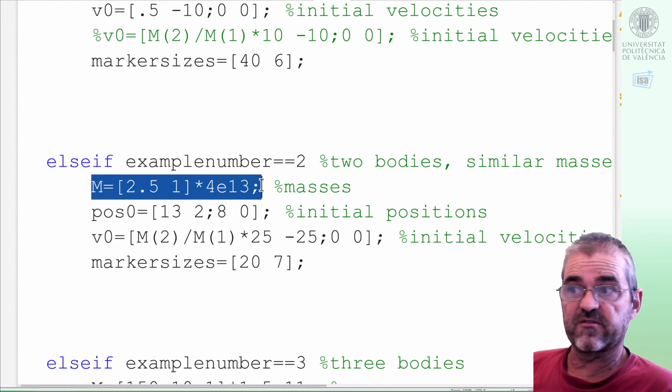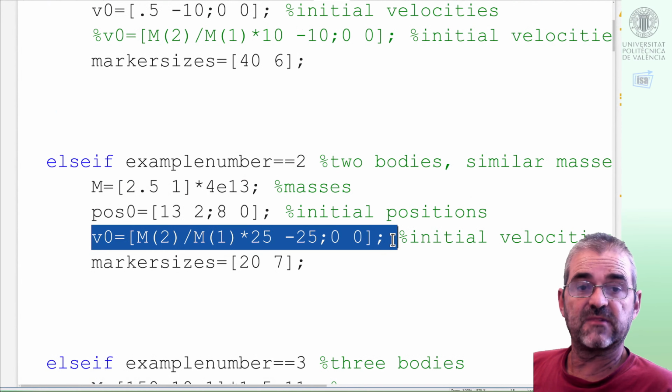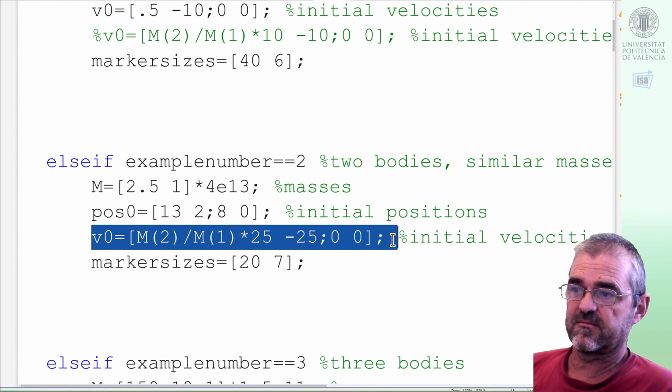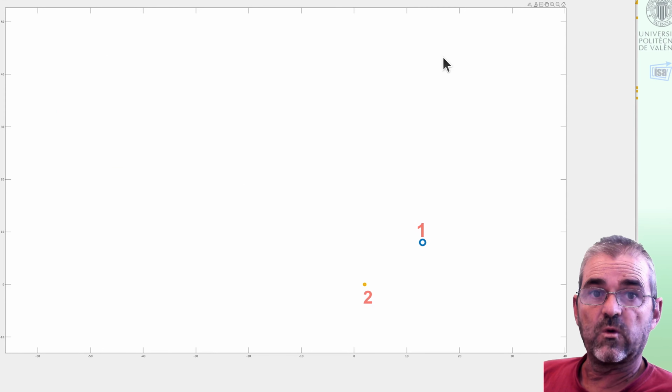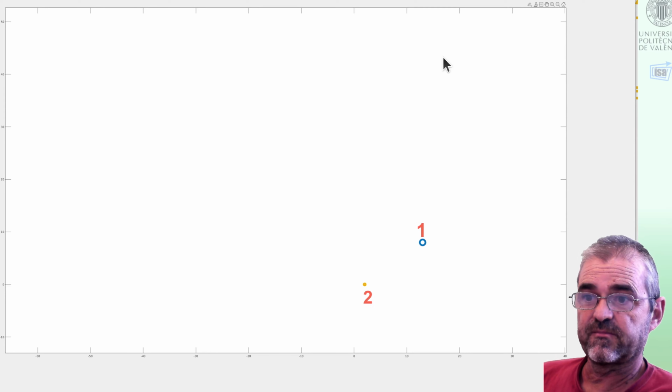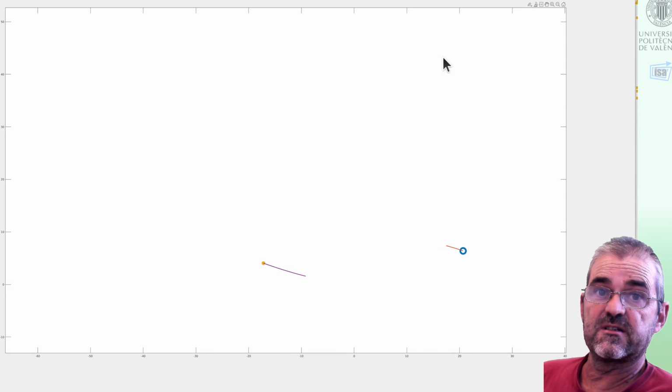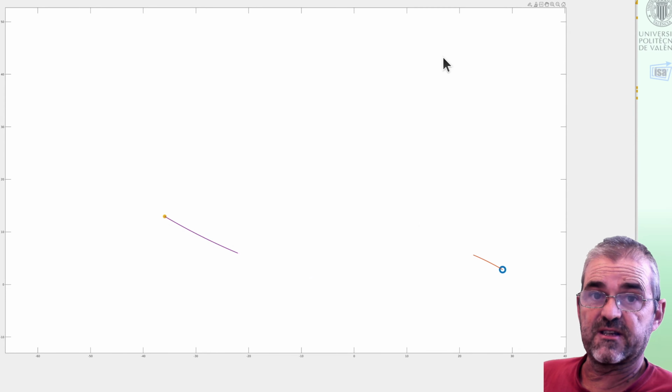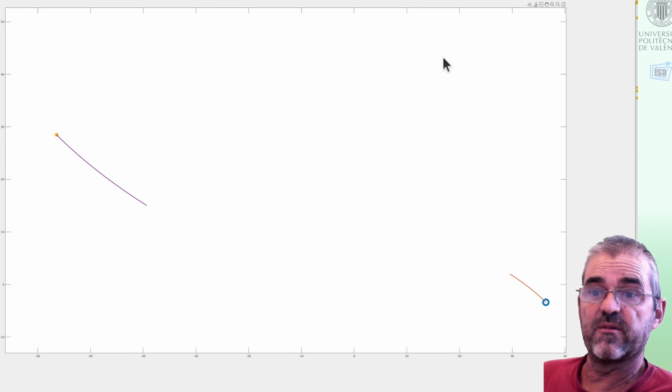If we now put two bodies of similar masses and I set up the initial velocity so the barycenter is fixed, we can simulate this new two-body problem, and we'll see that the trajectories describe an ellipse in both of the bodies.